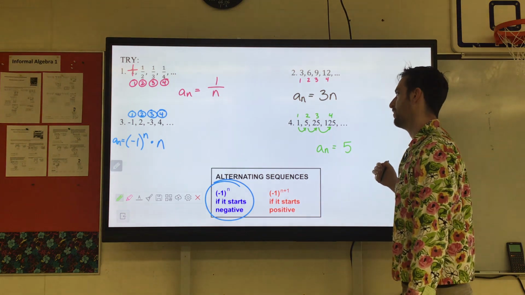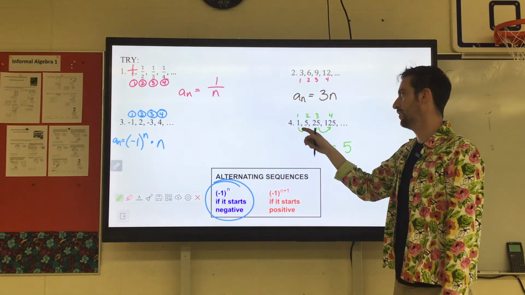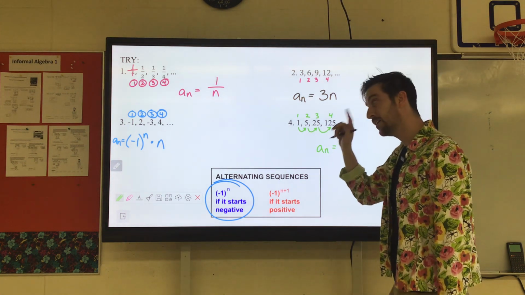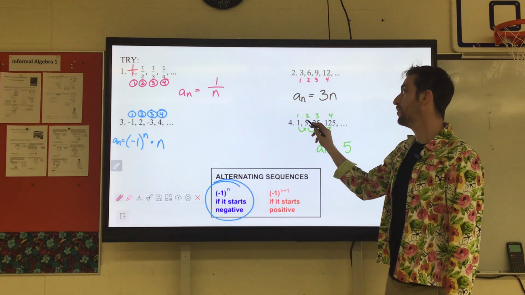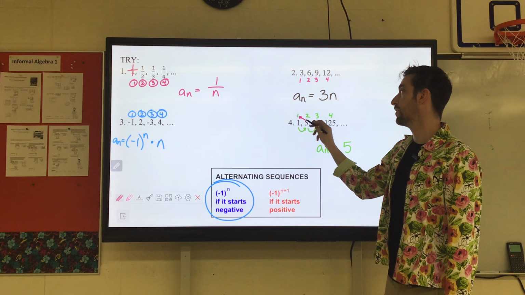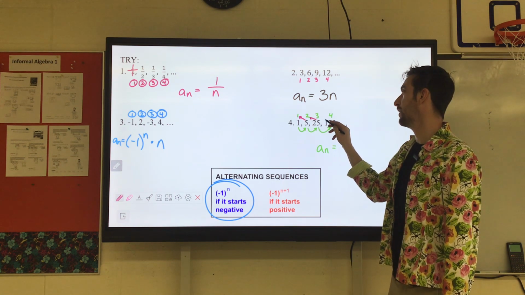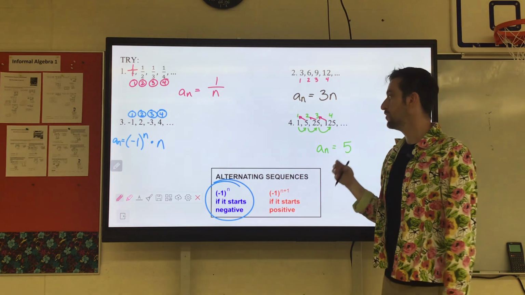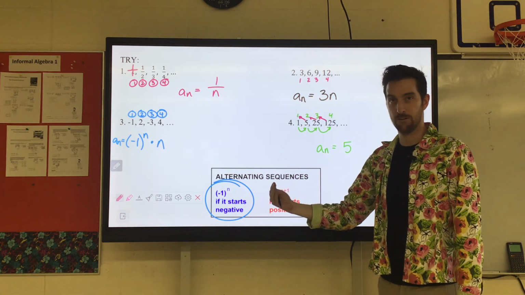But 5 to the first isn't 1. 5 to the second isn't 5. But 5 to the first is 5, 5 to the second is 25, 5 to the third is 125. So it's always 5 to the one number less than the term.